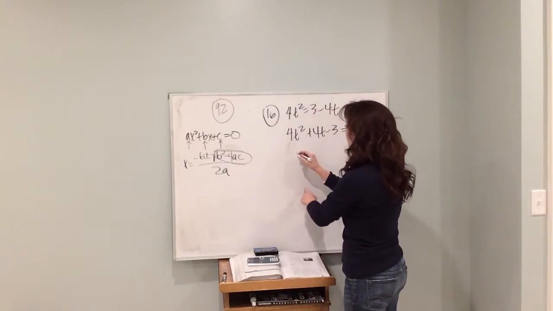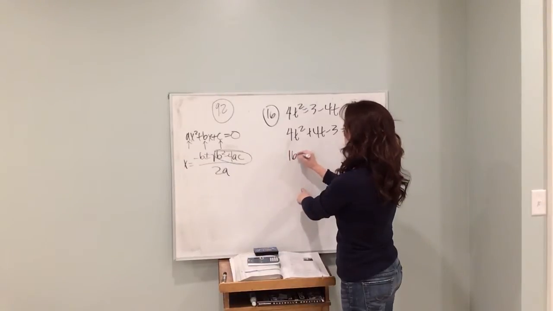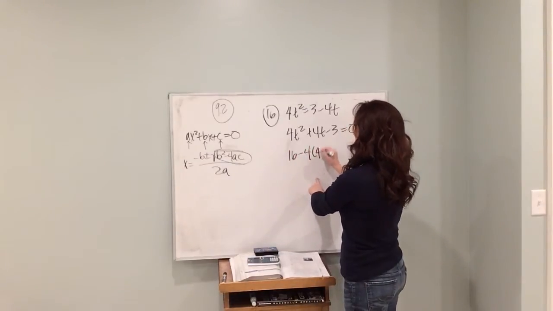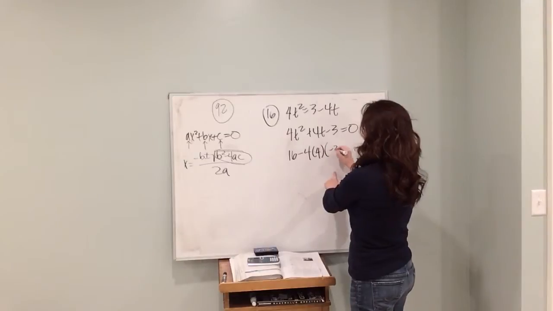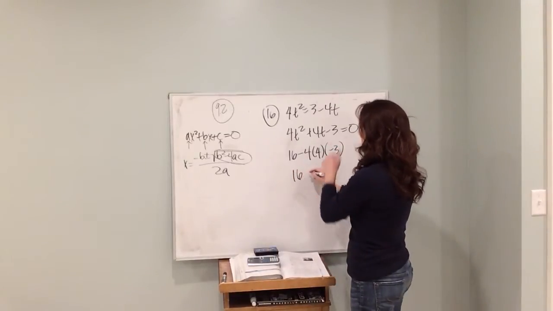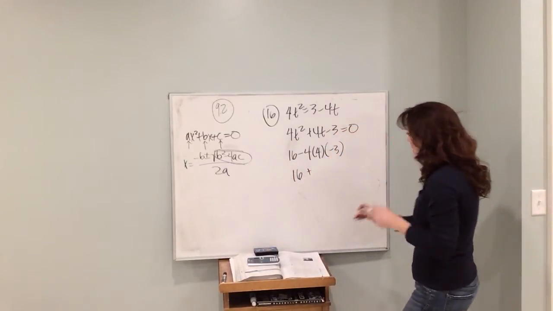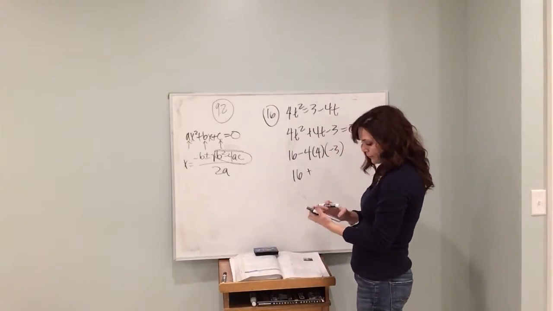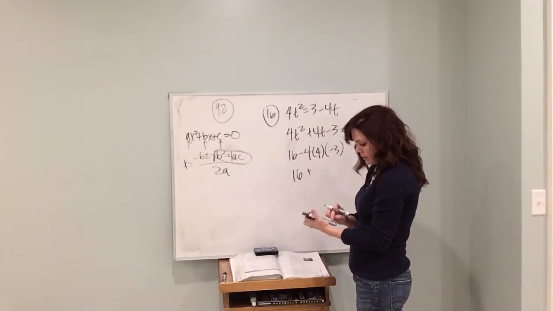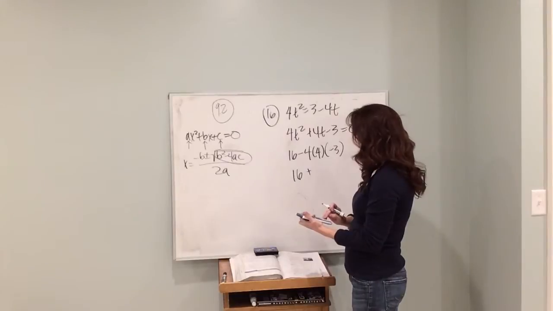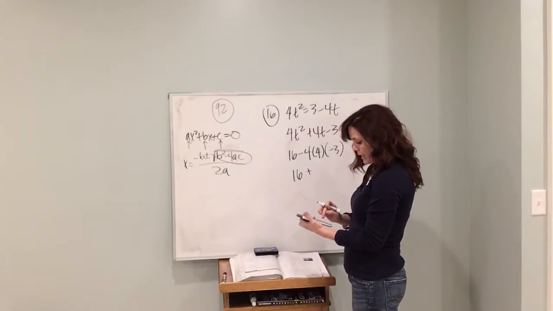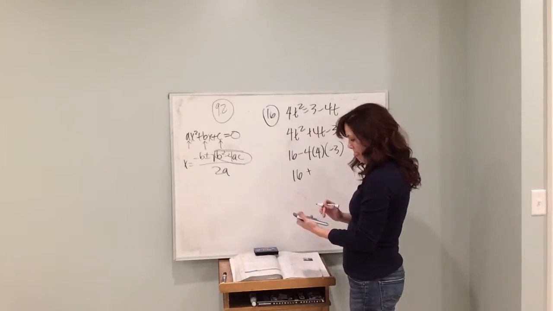So I have b squared minus 4ac. So I have 16 plus, what's 16 times 3? 48? 16 times 3 is 48, and 48 plus 16 is 64.